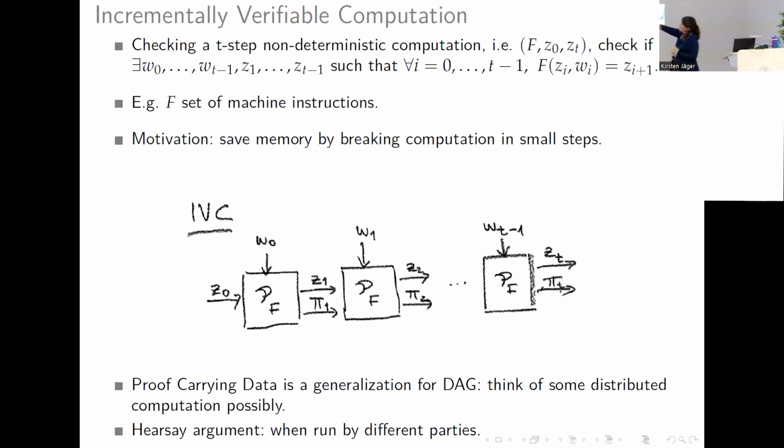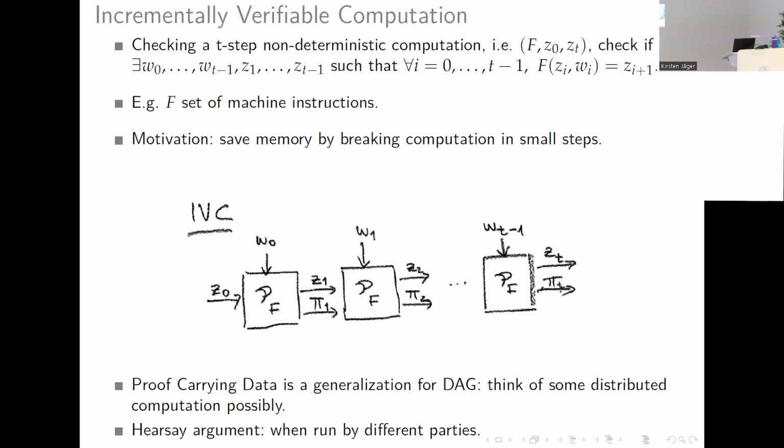So this is incrementally verifiable computation because the idea is that it's incremental, right? Every time you have some input of the computation, some witness, and then you have a proof that this computation was done correctly, and then you move to the next step.